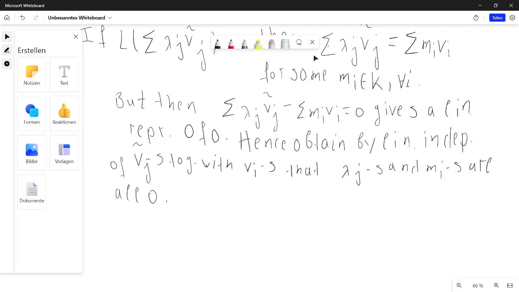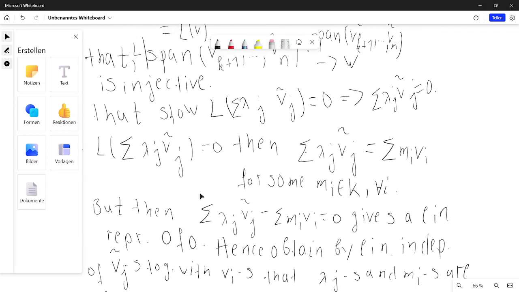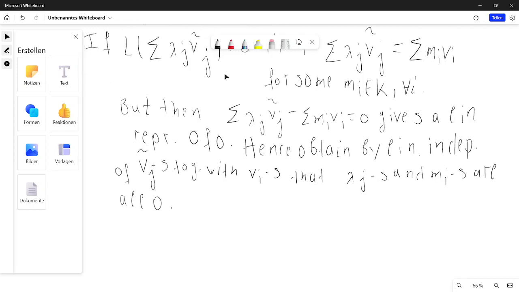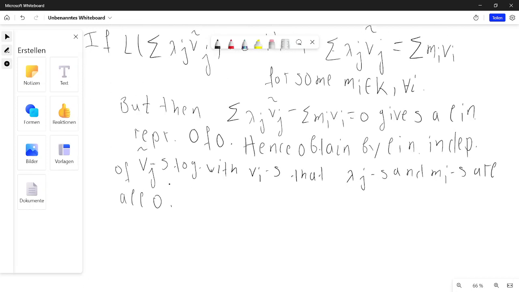So, in particular, the lambda_j's are 0, and this shows that this was indeed 0 as wished. That shows the sum of lambda_j v_j is indeed 0 as wished.